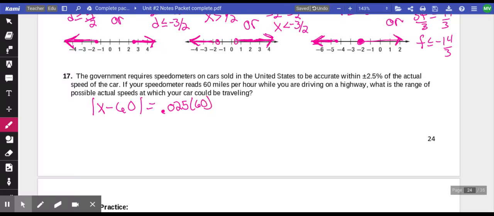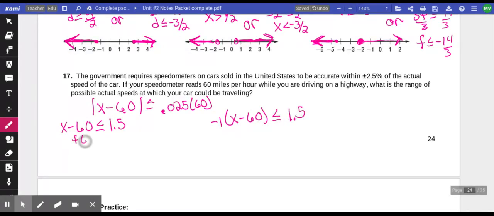So that means that x minus 60 is, and what is the range? Actually it's going to be less than or equal to that, right? Is less than or equal to 0.025 times 60, which is 1.5, or negative 1 times (x minus 60) is less than or equal to 1.5.